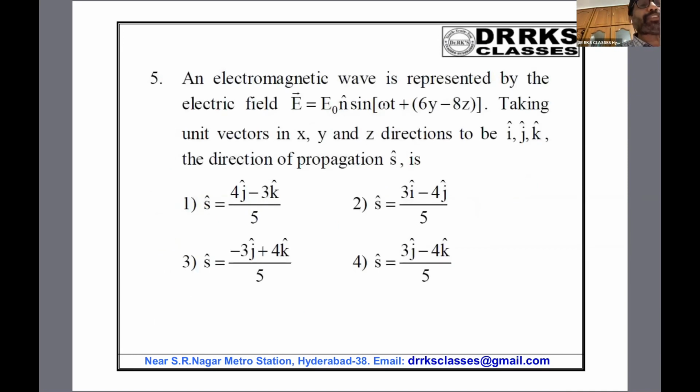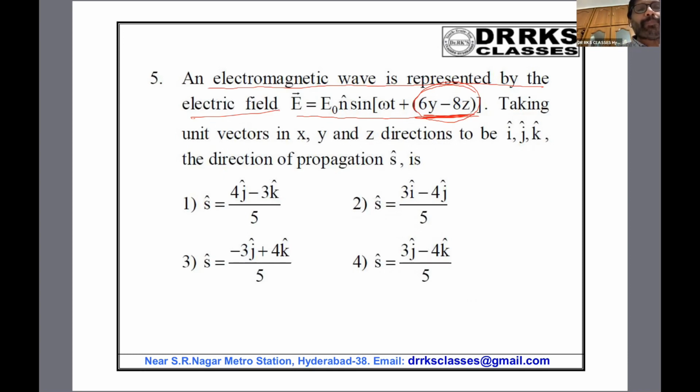So look at the next one. An electromagnetic wave is represented by an electric field E naught, omega t plus 6y minus 8z. Remember that. This part will give the direction of propagation.